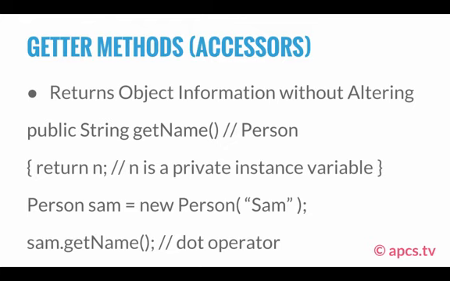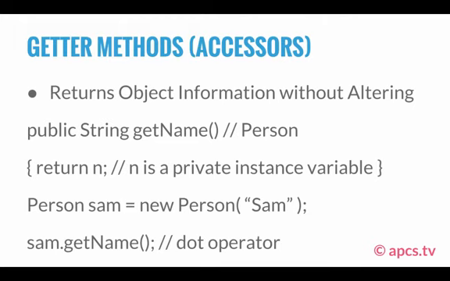So let's say that when we create this person object sam, it has a private instance variable n which has a value of "Sam", and n is indicating the name of this person object.